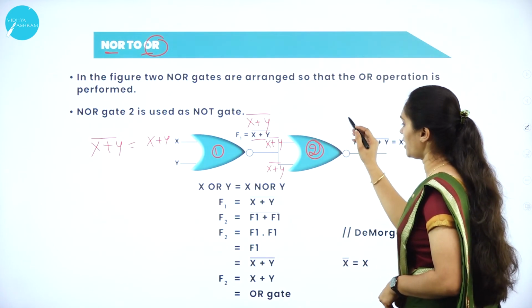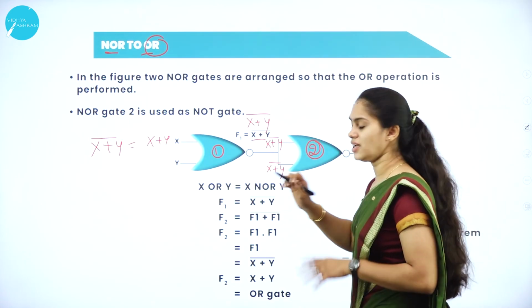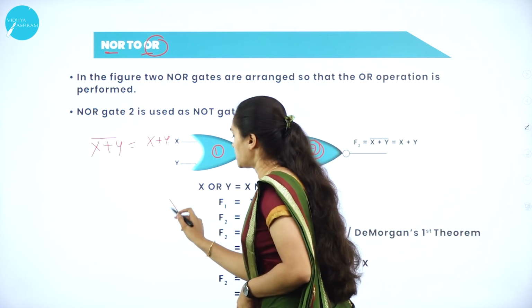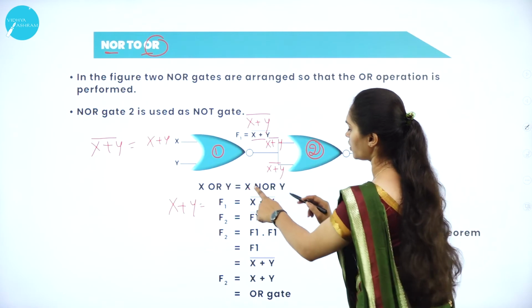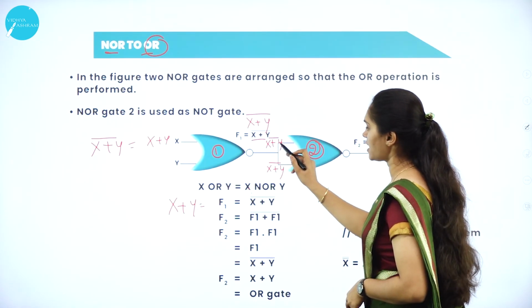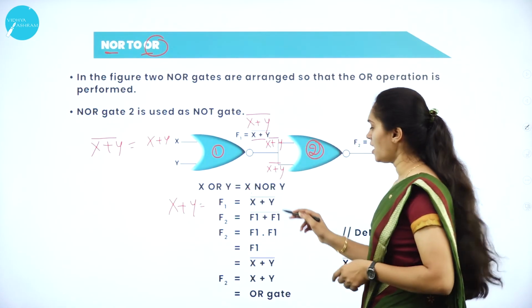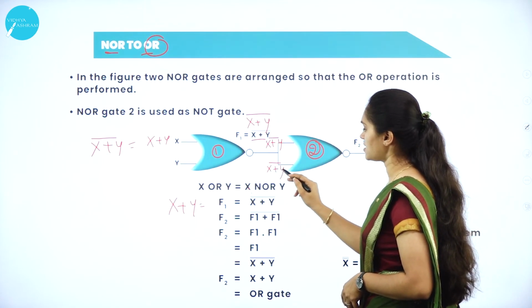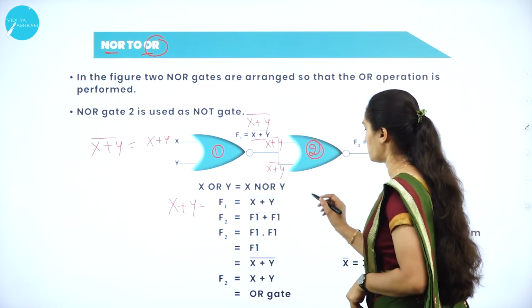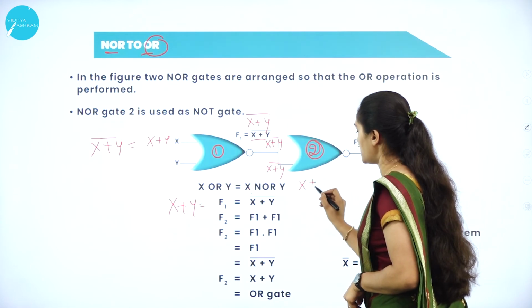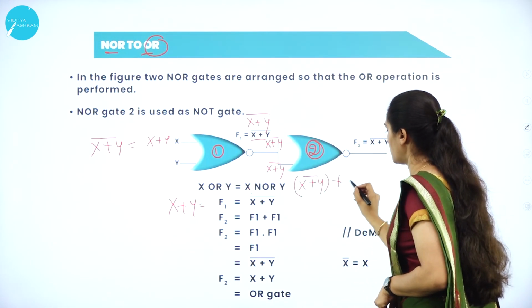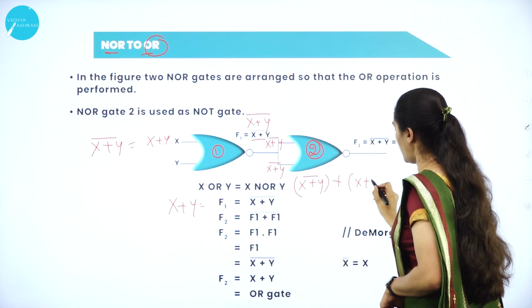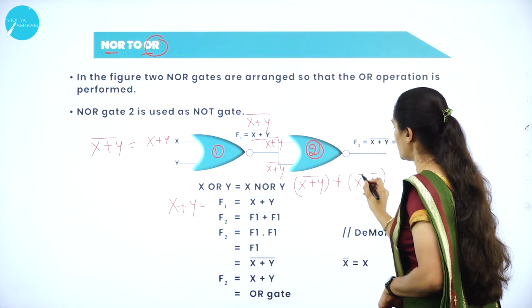So what is my input now? X or Y, that is what we are seeking. X plus Y is equal to X NOR Y. What does this X indicate? That is (X plus Y) whole bar, and NOR Y in the sense of addition, (X plus Y) whole bar.